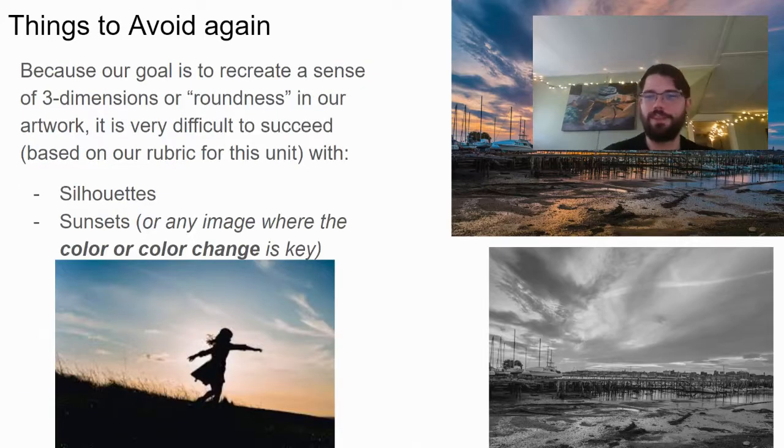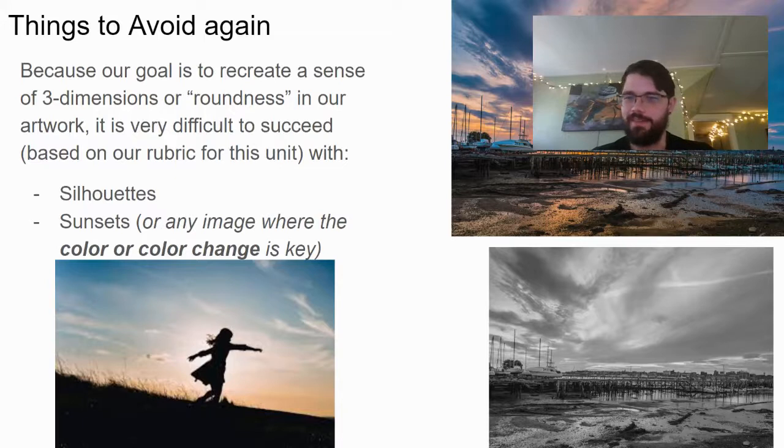So continuing to look at some things that don't work great, we want to avoid using silhouettes or images of a sunset whenever possible. Sunsets are beautiful, and we often want to make an artwork of them.